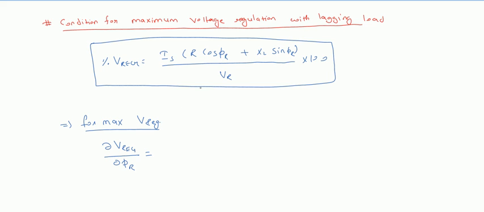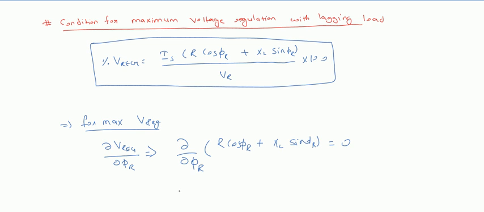Okay, so here you can see that Is and Vr are like constants. We are partially differentiating with respect to phi r, so I can consider only this part, r cos phi r plus xl sin phi r, right? So I will do del by del phi r of the r cos phi r, because ultimately I have to equate this to 0.